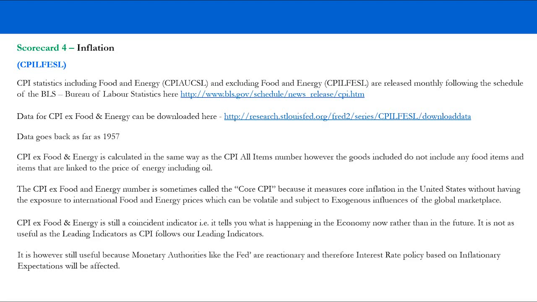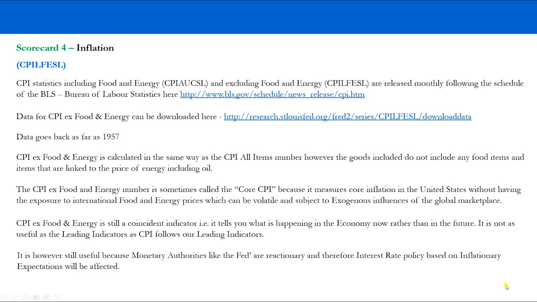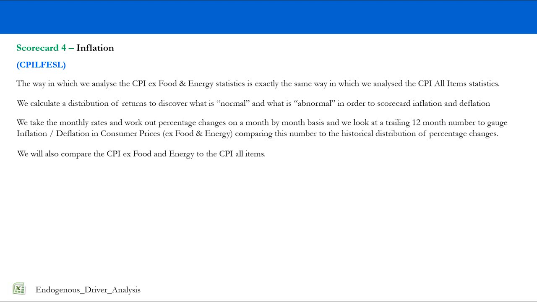So although it's a coincident indicator, in terms of inflation expectations, the Fed will react to these numbers. So although it's coincident, it's still an important number to appreciate.